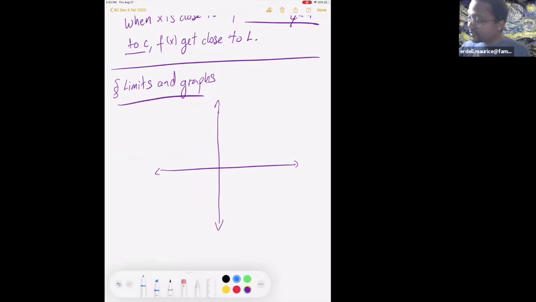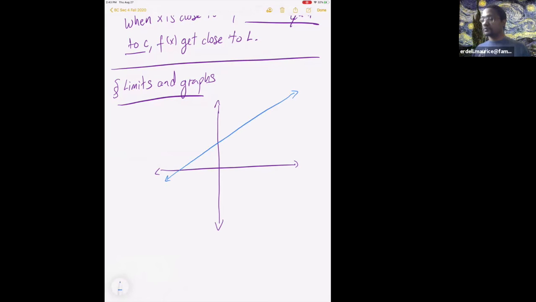The graph of my function will look something like this. So if I have this function right here, and then this value right here is 35, and this value right here is 3.